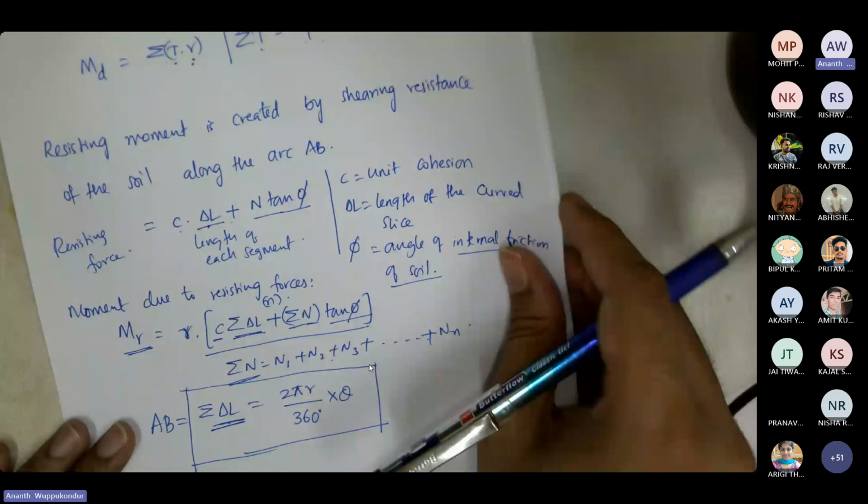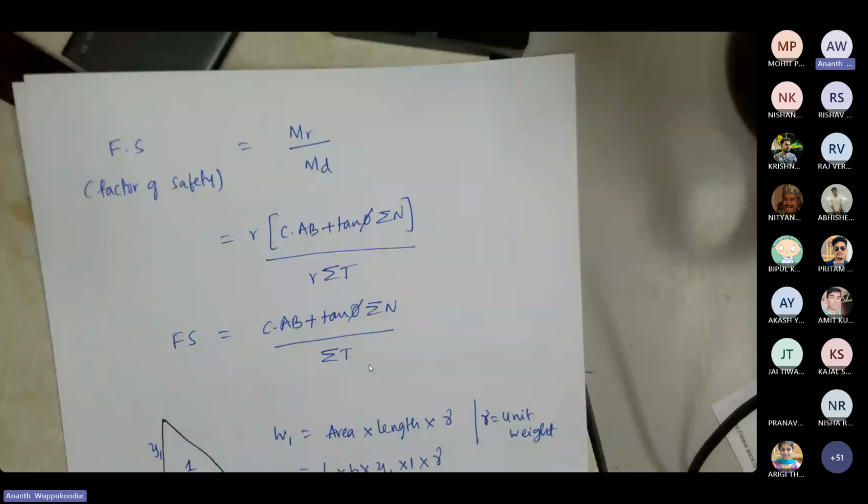So now we know what is the resisting moment and what is the disturbing moment. So we can calculate the factor of safety. So the factor of safety is the ratio of resisting moments to the disturbing moments.